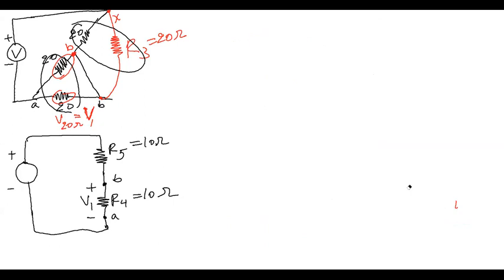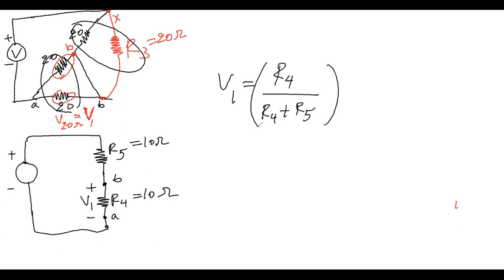So V1 will be R4 divided by R4 plus R5 times the source voltage, Vs.